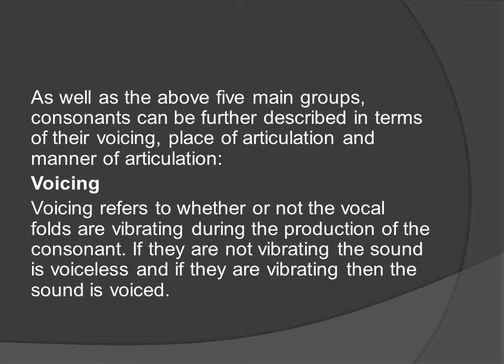Voicing refers to whether or not the vocal folds are vibrating during the production of the consonants. If they are not vibrating, the sound is voiceless, and if they are vibrating, then the sound is voiced. So voicing depends on the vibration of the vocal cords in the larynx.